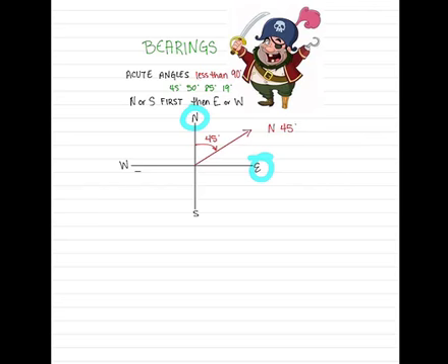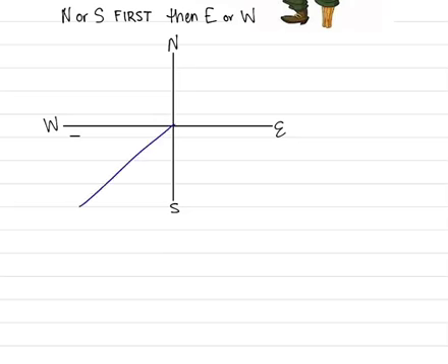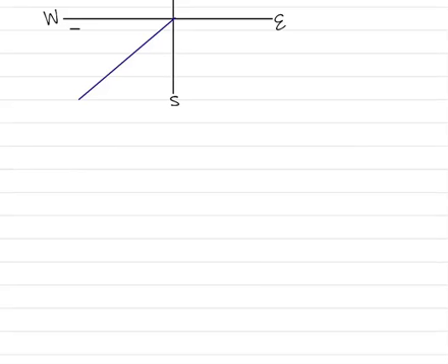Alright, let me do another example. The next example, let's say you've been given this line and it's going in this direction, and the angle is 50 degrees.